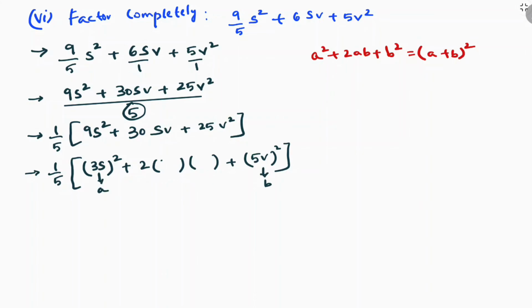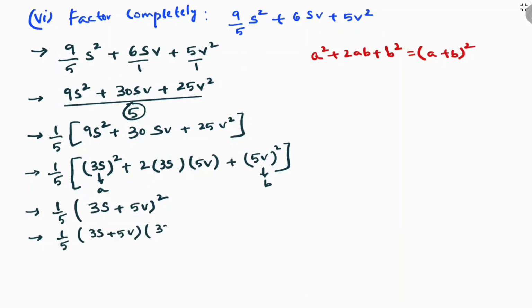If I substitute here 3s, 5v, now I'll check 2 times 3 is 6, 6 times 5 is 30sv. So it is perfect, 30sv. Now I can write 1 by 5 into a plus b whole square, because it is in the form of a square plus 2ab plus b square. So 3s plus 5v whole square, or I can write it as 1 by 5 into 3s plus 5v into 3s plus 5v.